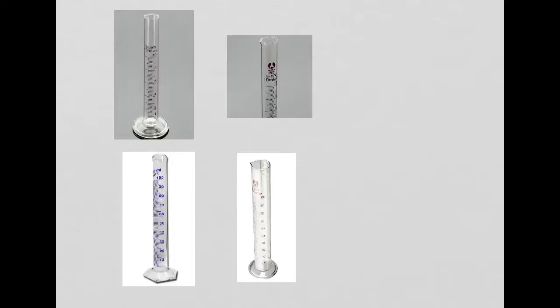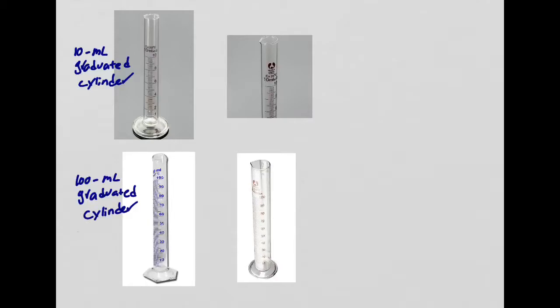Okay. Now, the next glassware you're going to use in lab all the time is the graduated cylinder. The two graduated cylinders I have here, the one on top is a 10 ml graduated cylinder. This is very common to use in lab. And the one down here is a 100 ml graduated cylinder.